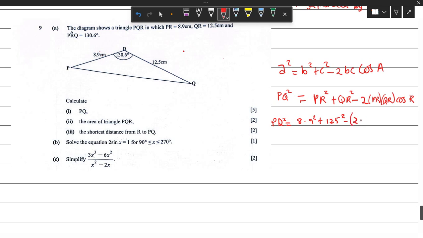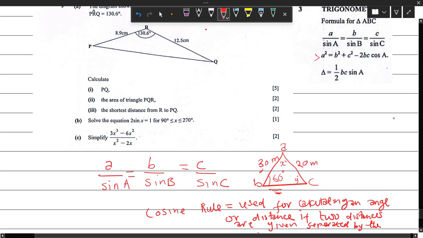I like putting these in brackets. I will show you why I put everything in brackets. So multiplied by PR, which is 8.9, multiplied by 12.5, multiplied by cos of the angle.